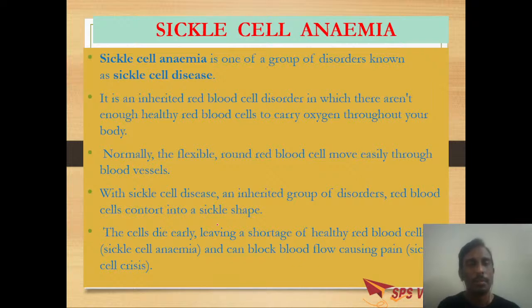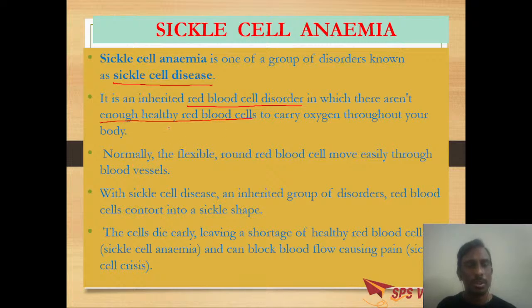So first we'll discuss sickle cell anemia. What is meant by sickle cell anemia? Sickle cell anemia is one of a group of disorders called sickle cell diseases. It is related to red blood cells, where there are not enough healthy blood cells.